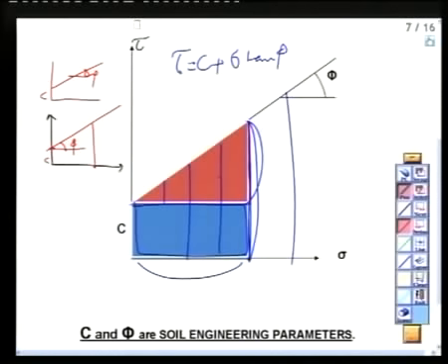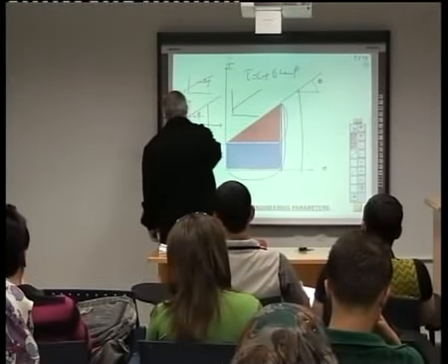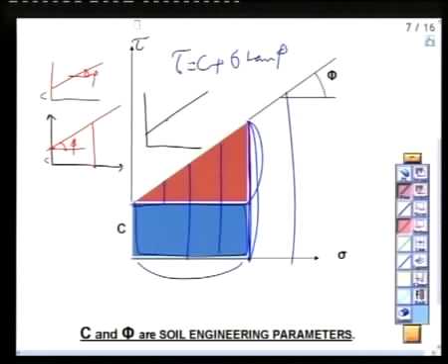So what is the importance of this line? This is the failure envelope. Remember? What does it mean? It means that when the strength of the soil reaches this point, the soil will fail. So suppose I took a sample of soil in the laboratory and did an experiment.